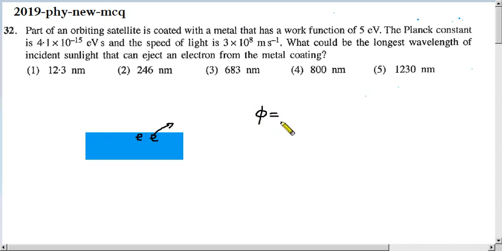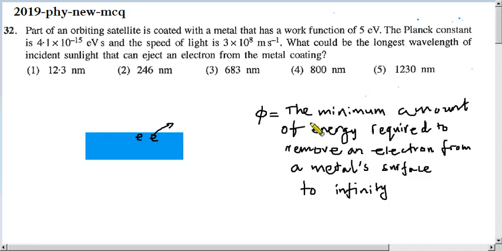You don't have to worry, because the word work function is very heavy, but it is a simple idea. It is the minimum amount of energy required to remove an electron from a metal's surface to infinity.